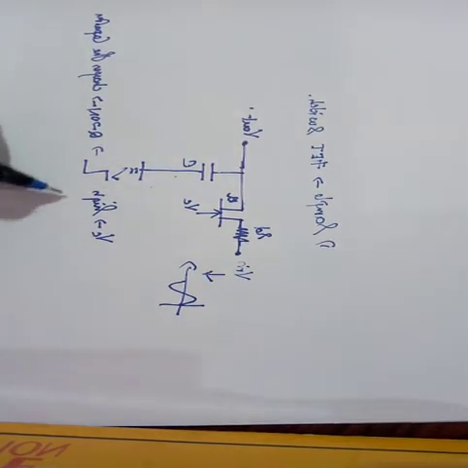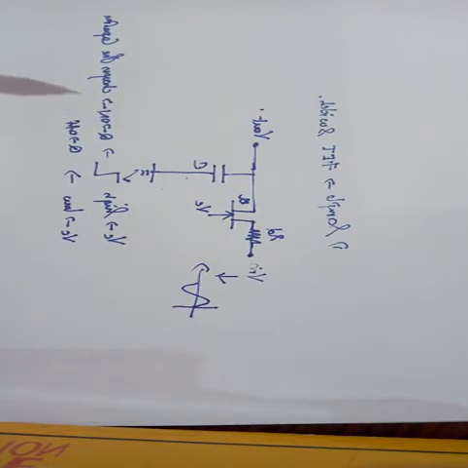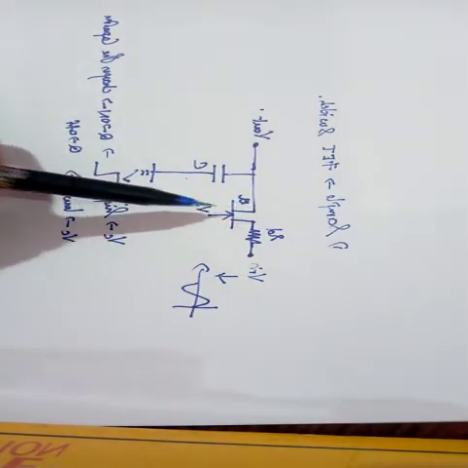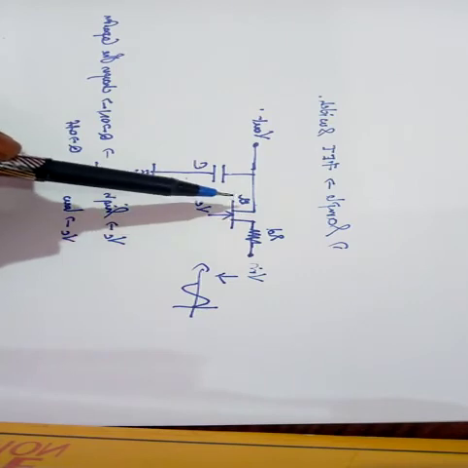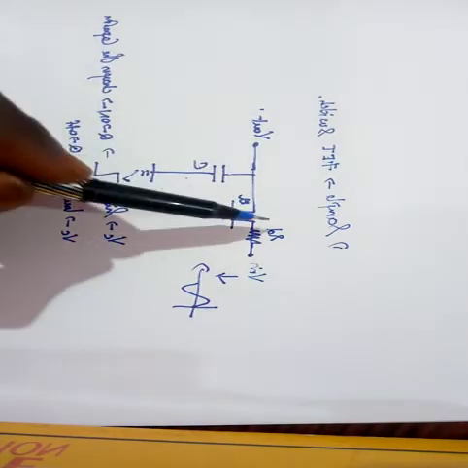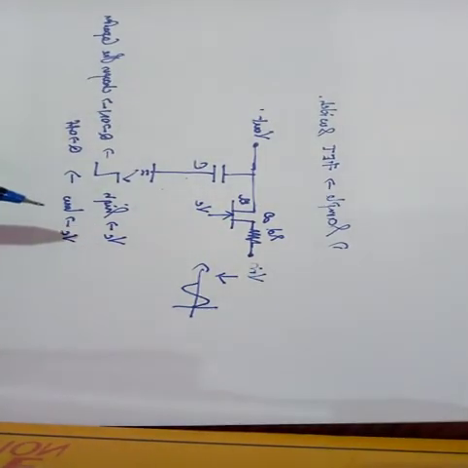Once Vc is low, what happens? Q goes off. When Q is off, the switch will offer infinite resistance.